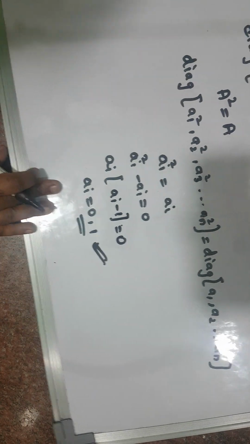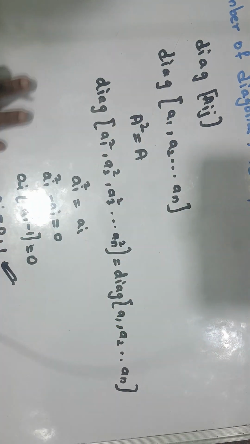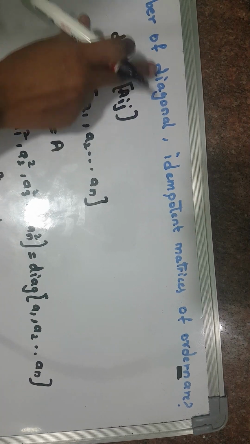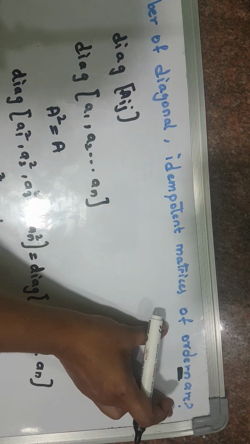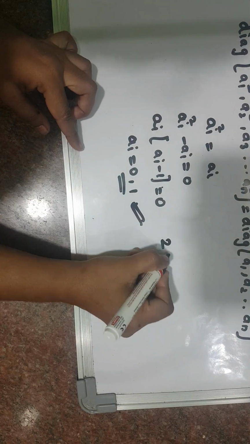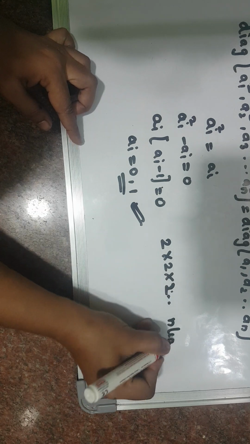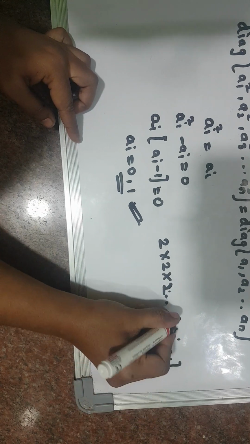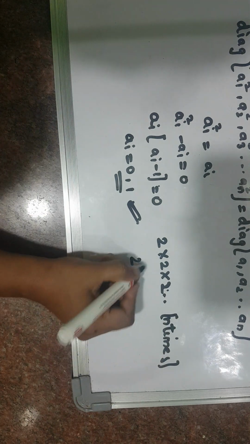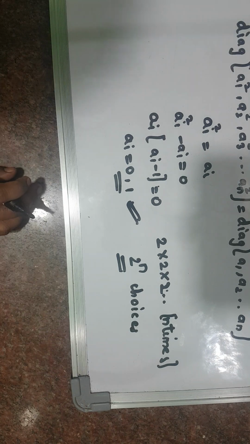So the number of diagonal idempotent matrices of order n is 2 into 2 into 2 and so on, n times. That is 2 power n choices.